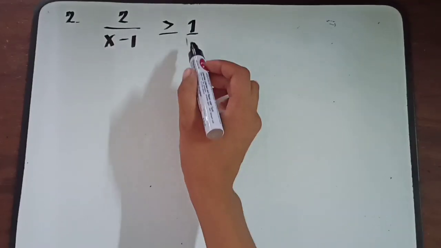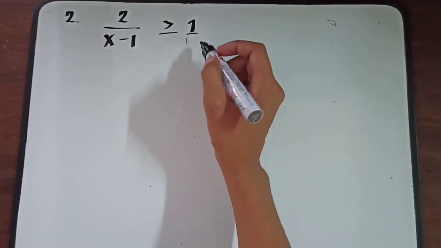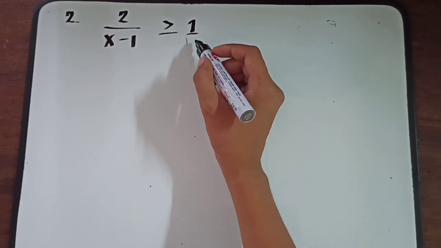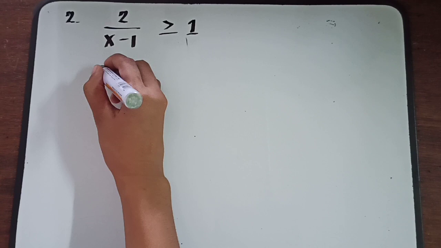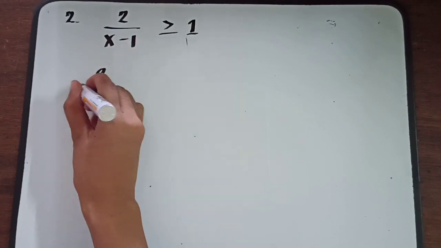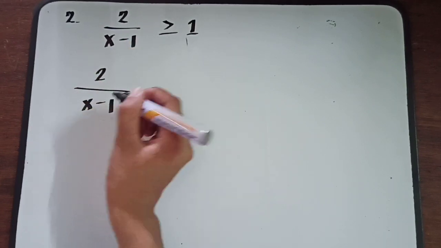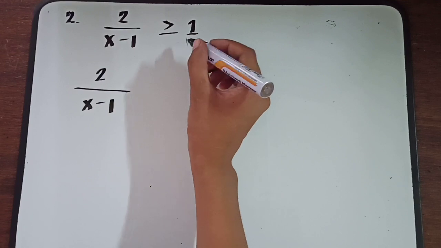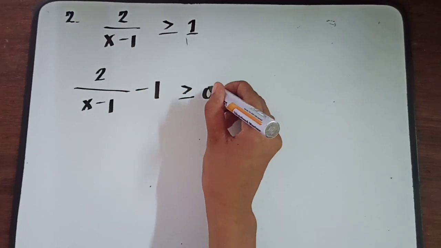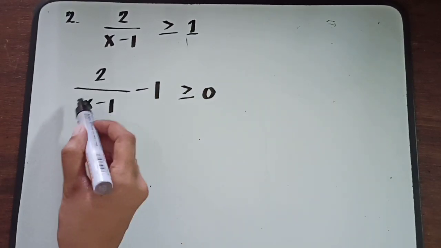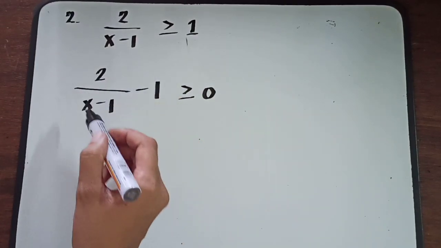So, paano natin siya gagawing 0 lang? So, again, apply the addition property of equality. So, it will become 2 over x minus 1, this positive 1 will become negative 1, greater than or equal to 0. Okay? So, ang kailangan natin is single fraction.